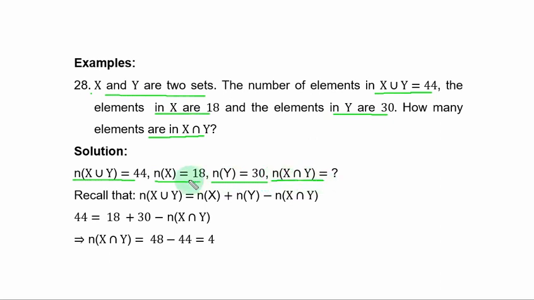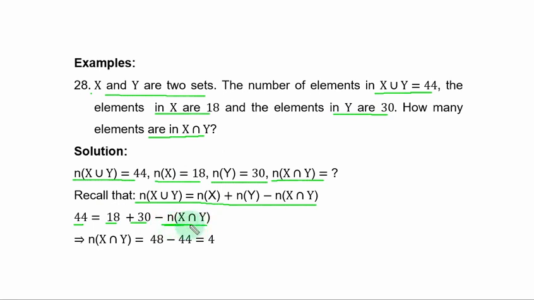Recall that for two subsets, the number of elements in their union can be expressed in this form. The union number of elements, 44, is equal to set S, 18, plus set Y, 30, minus the number of elements in their intersection.